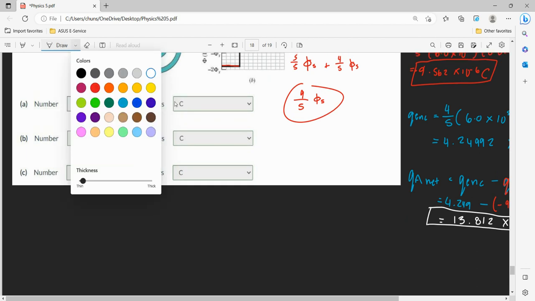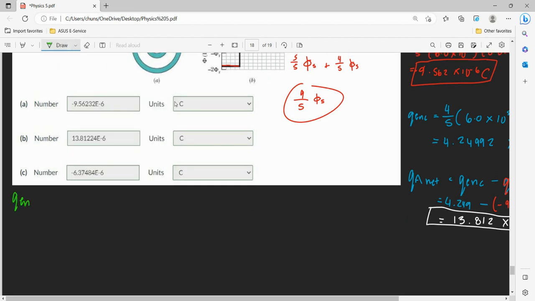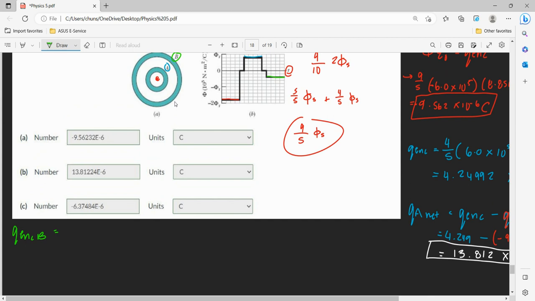So let's calculate Q enclosed for B on its own. And this is equal to, so we are at negative, so this is at 2/5 of negative of our scale times 8.854 times 10 to the negative 12, and this is equal to 2 divided by 5 times negative 6 times 10 to the 5 times 8.854 times 10 to the negative 12.